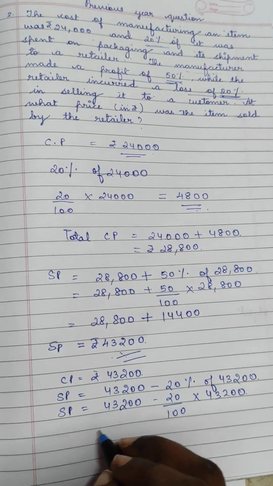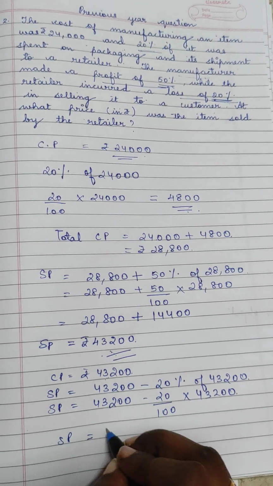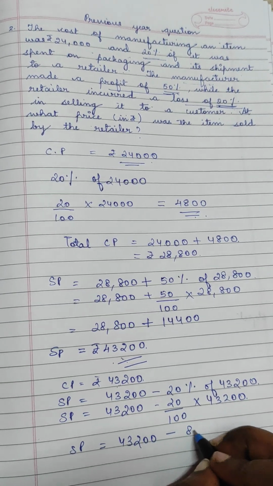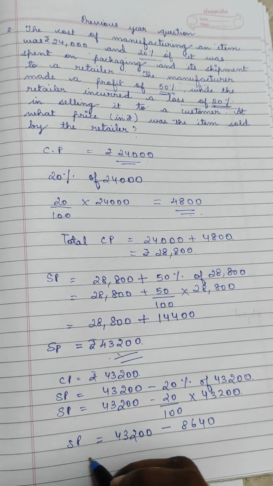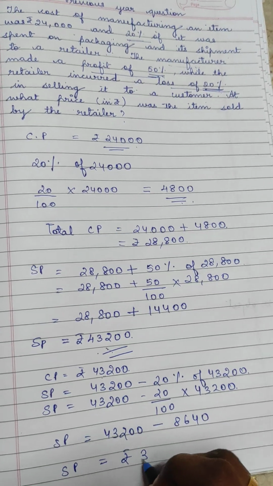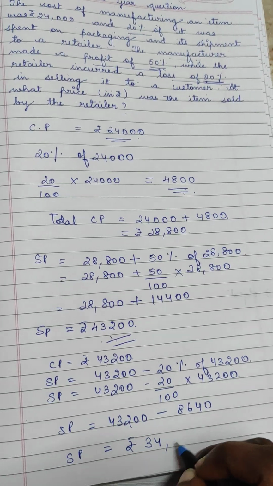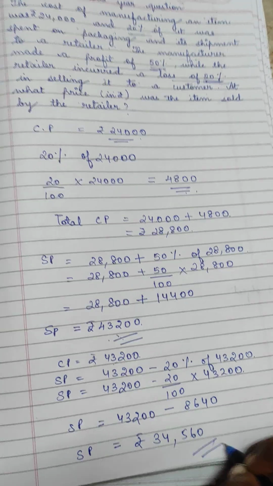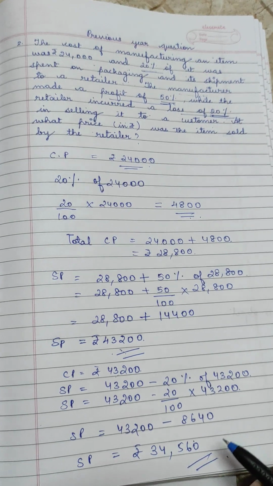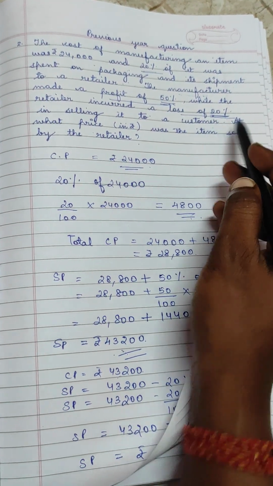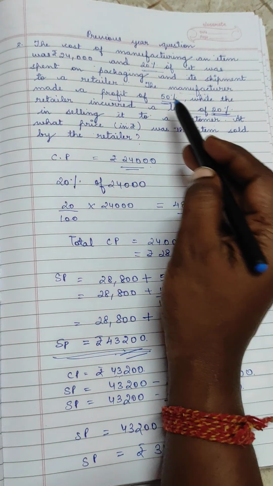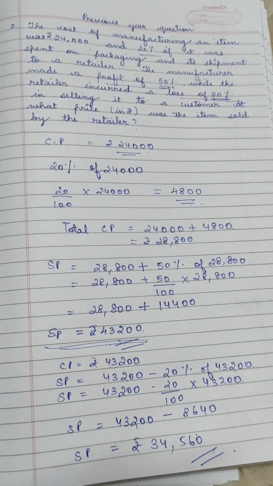So SP is equal to 43,200 minus 8,640. So SP will be rupees 34,560. So this is the selling price for the retailer with a loss of 20%, and this was the selling price of the manufacturer with a profit of 50%. Thank you.